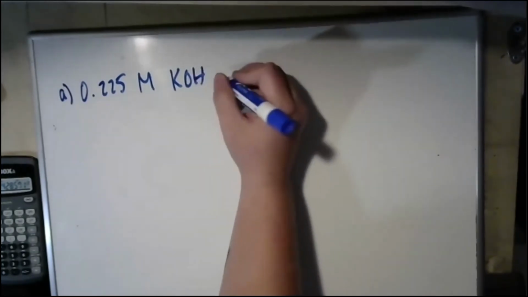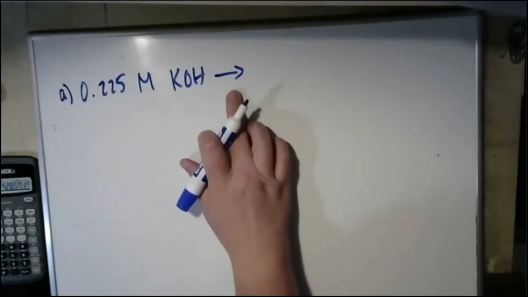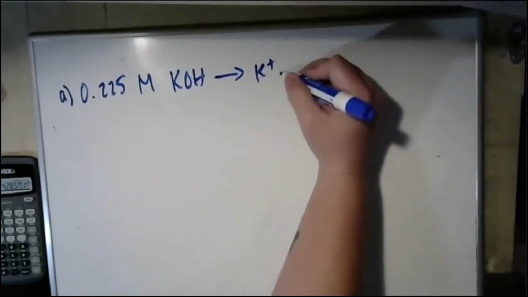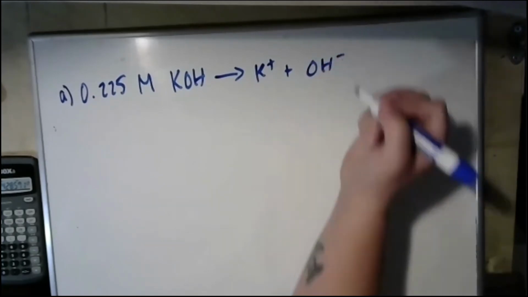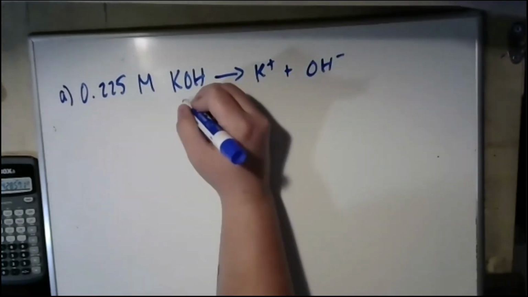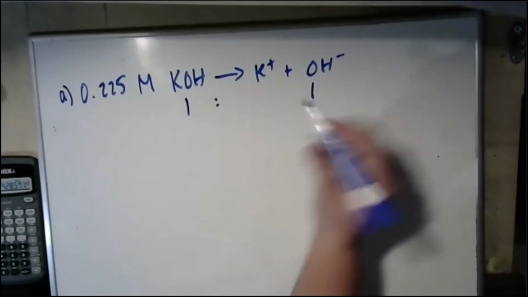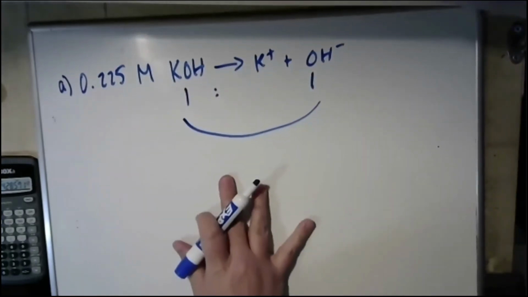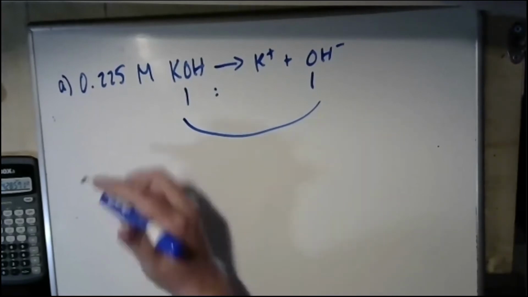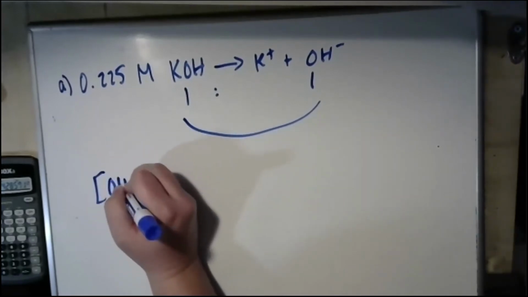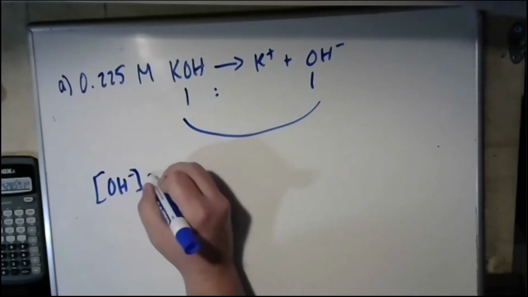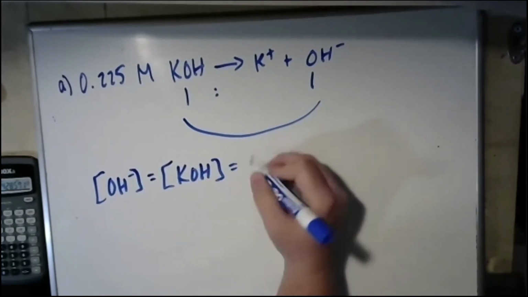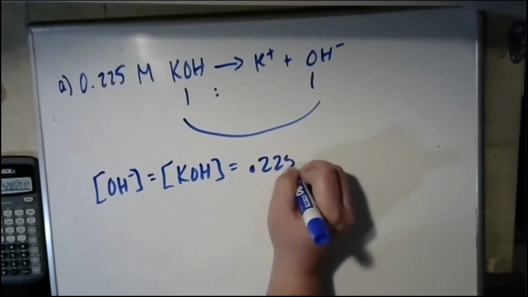In water, this is going to ionize and form 1 potassium ion and 1 hydroxide ion. You want to verify that there is a 1-to-1 ratio between your KOH and your hydroxide. As long as there is, your OH minus concentration is going to equal the concentration of your KOH, which will equal 0.225 molar.